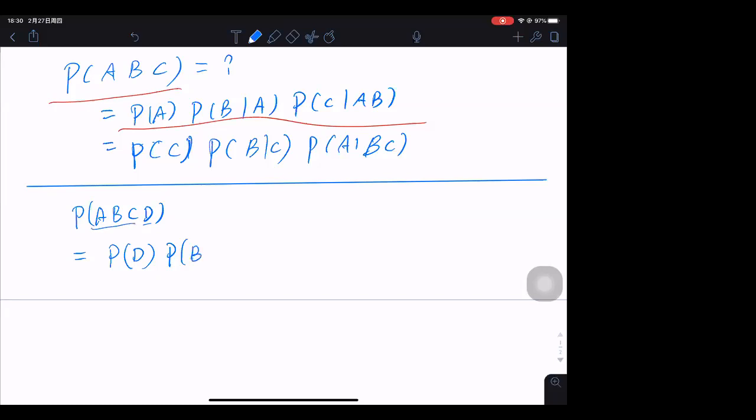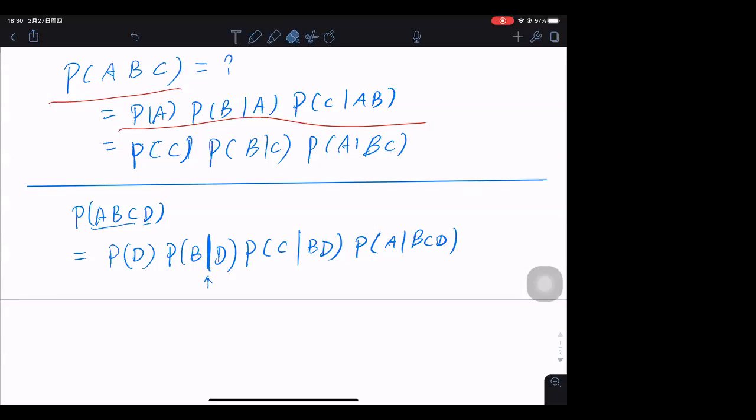Let's say we take out B, and then after this bar, this pipe sign, you need to write out all the variables that appeared on the left side of the bar. Now on the left side of the bar, you have D. Then you multiply with more variables, let's say C. You have B, D before this pipe, then you take out C, multiply with A given B, C, D. So this balancing around the bar, or this pipe, is very easy to get.